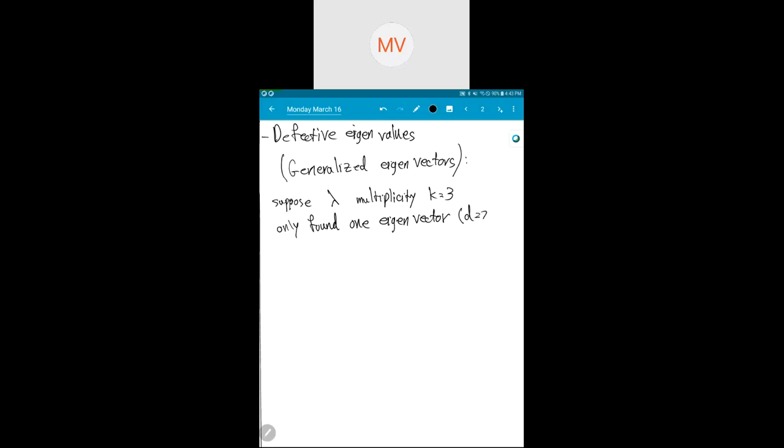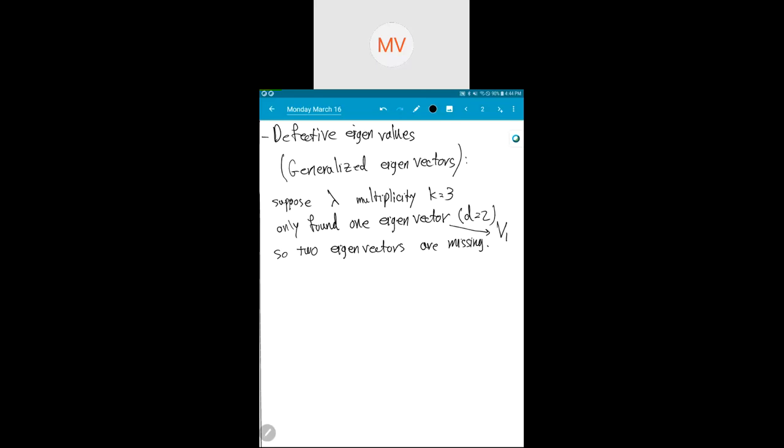So D equals 2. Like 2 eigenvectors are missing. Okay? And so let's assume the one found is V1. So only found one eigenvector. I'm going to call it here V1.